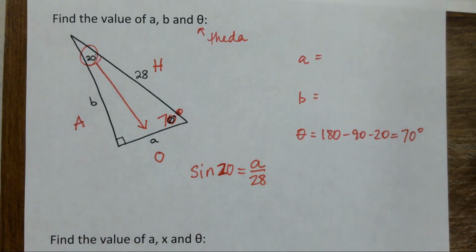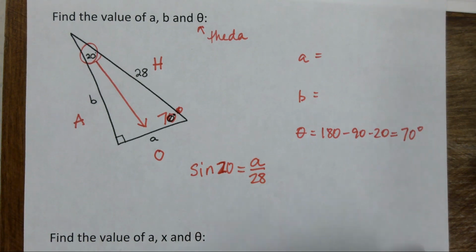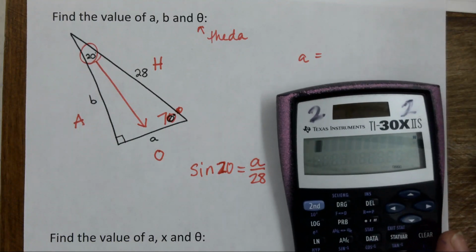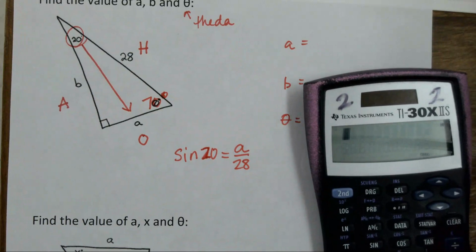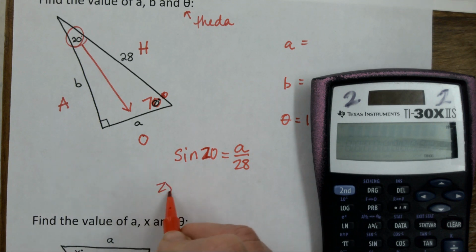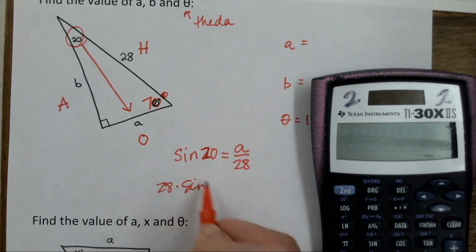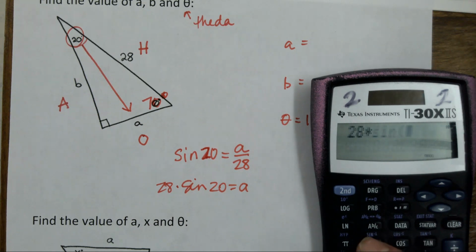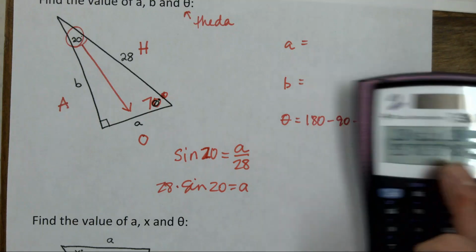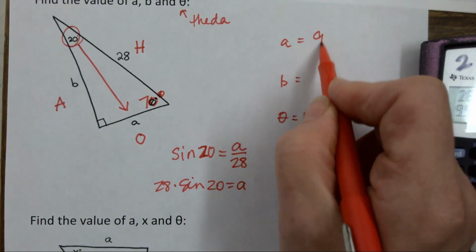Refresh my memory, how do I solve? Yep. I just do 28 times the sine of 20. And I get, let's go, 9.6-ish. Okay?